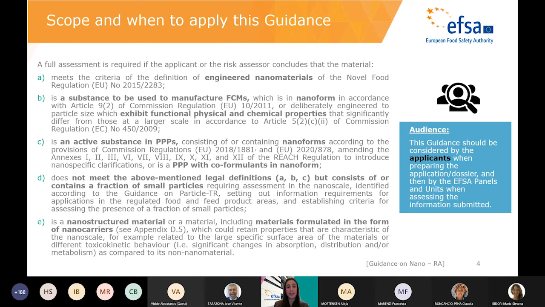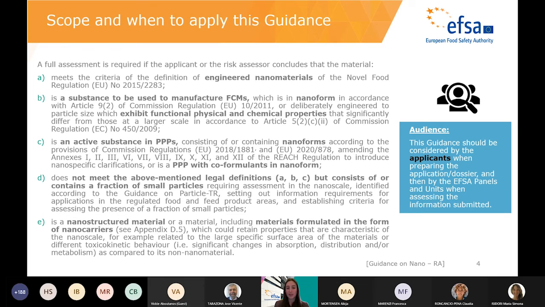Is an active substance in plant protection products production consisting of or containing nanoforms according to the Commission regulations, or is a PPP with coformulants in nanoform, does not meet the above-mentioned legal definitions, but consists of or contains a fraction of small particles, so requiring assessment in the nanoscale, identified according to the guidance on particle TR, or is a nanostructured material or a material formulated in the form of nanocarriers, which could retain properties that are characteristic of the nanoscale.